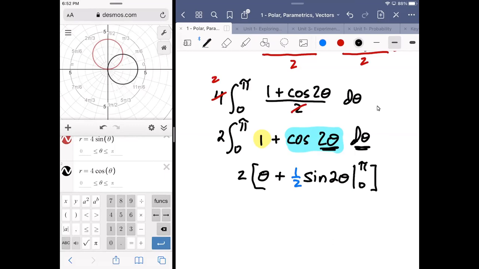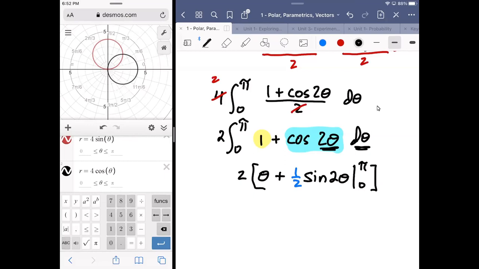So if I assume that the antiderivative of cosine of 2 theta is sine of 2 theta, then when I go to check it, sine becomes cosine, we keep the 2 theta, but then we have to multiply by the derivative of 2 theta, which would just be a 2. So that would have given me an extra 2 floating around there. So I put in the 1/2 in order to correct for that.